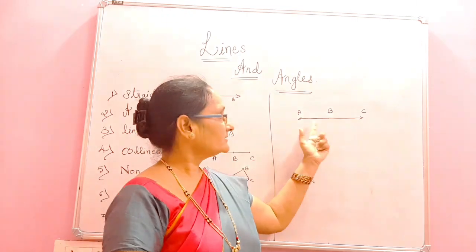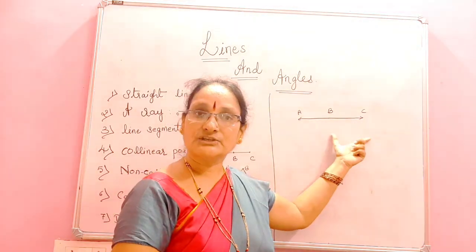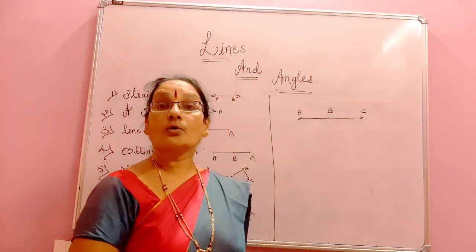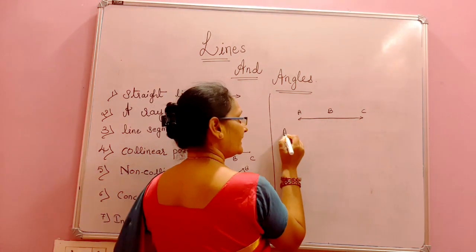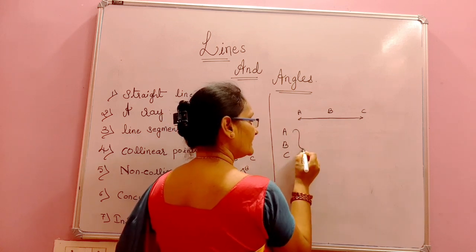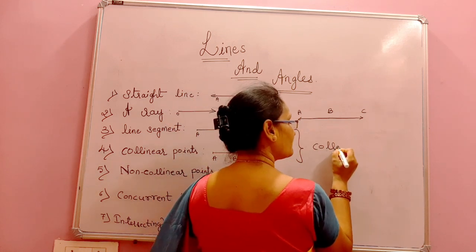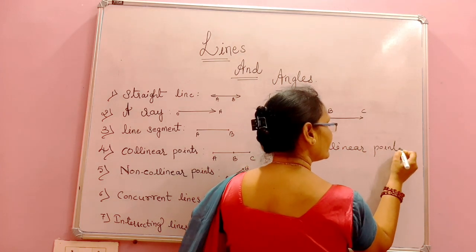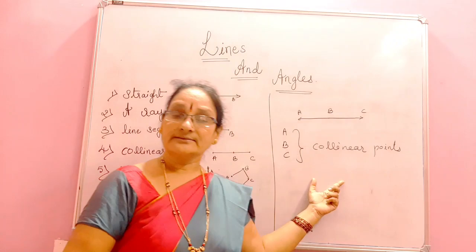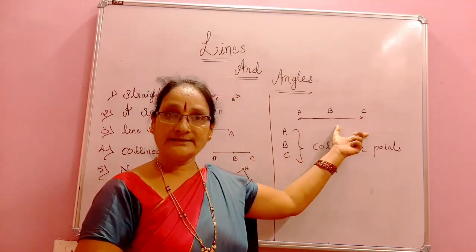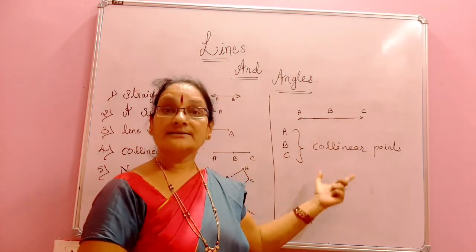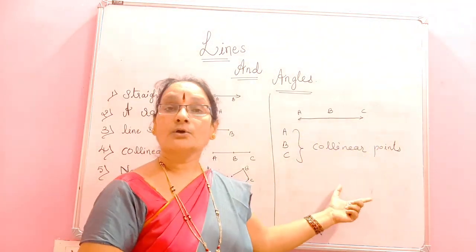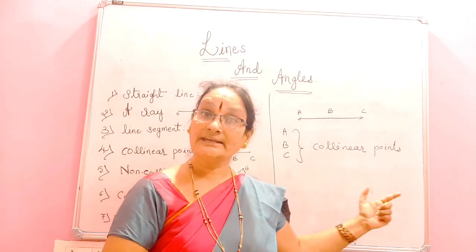When I join given 3 points, they must give us a straight line. These points are called as collinear points. Here A, B, C are called as collinear points. When we join the given 3 points, they must give a straight line. Then those 3 points are called as collinear points.